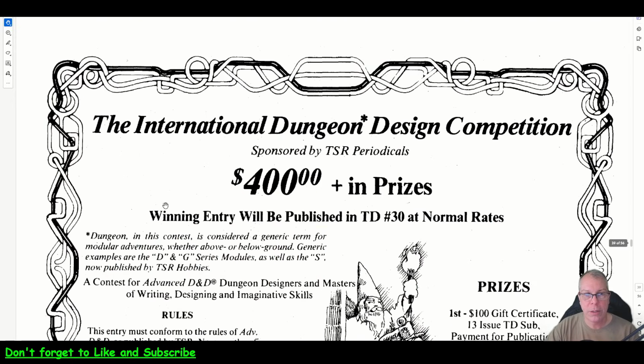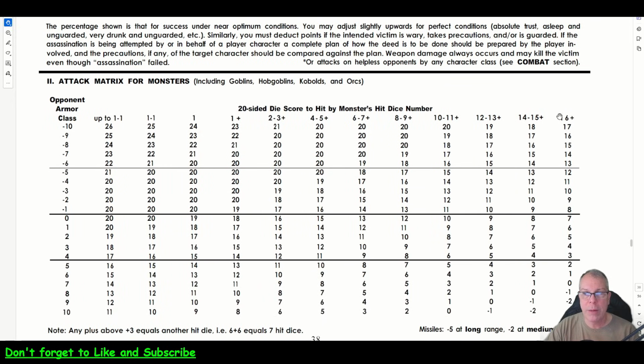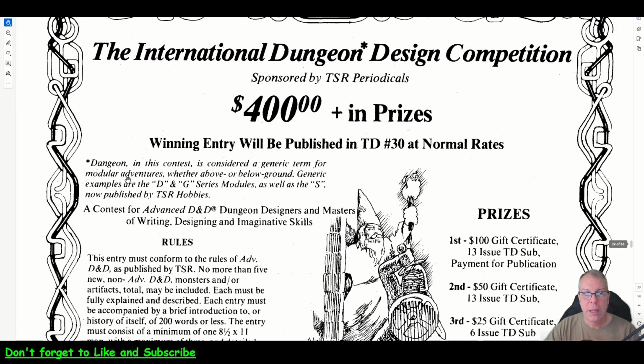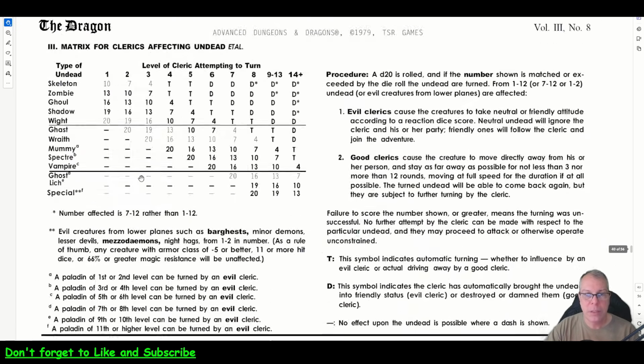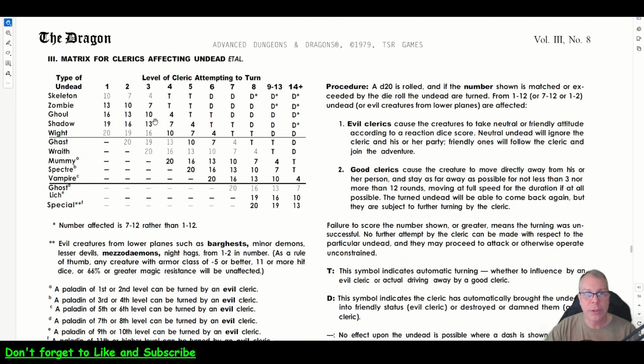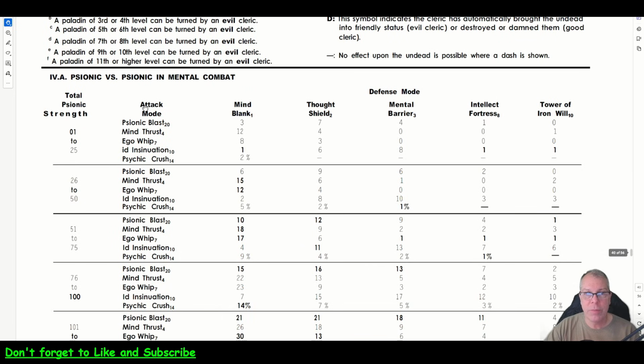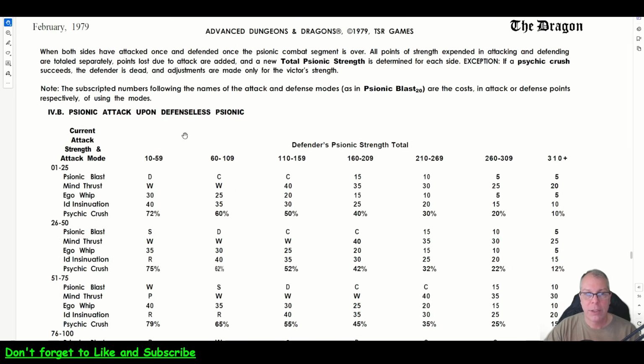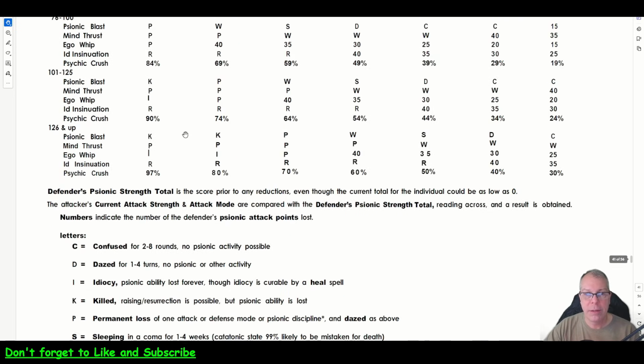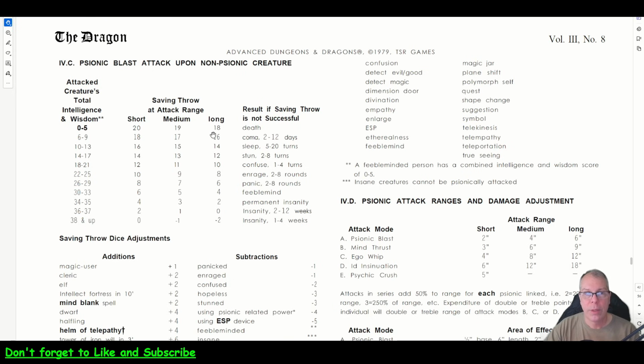Here it is right here. So we've got all the way up to 16 hit dice, down to armor class -10. We got another advertisement. And then we got the matrix for turning undead, which we didn't have. And finally, we've got psionics, a psionic thing, and so on and so forth.